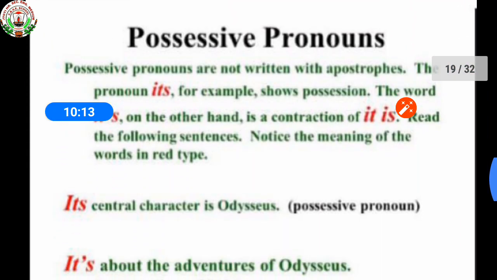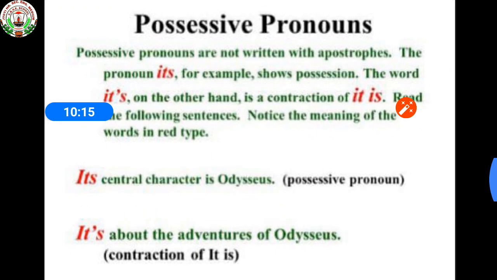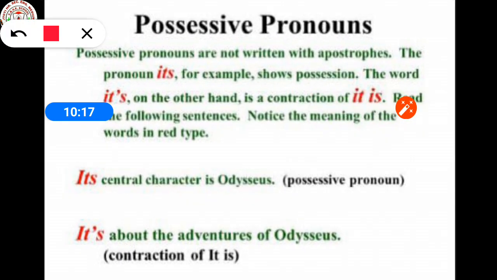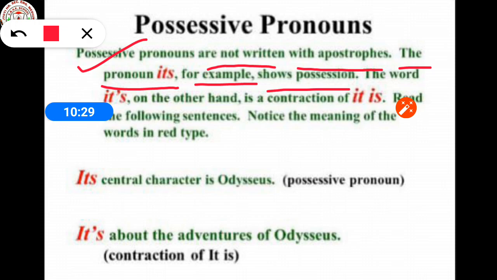So possessive pronouns are not written with apostrophes. The pronoun its, for example, shows possession. The word it's, on the other hand, is a contraction of it is.